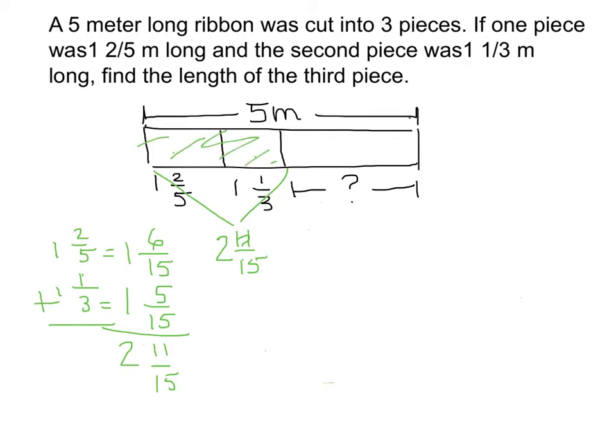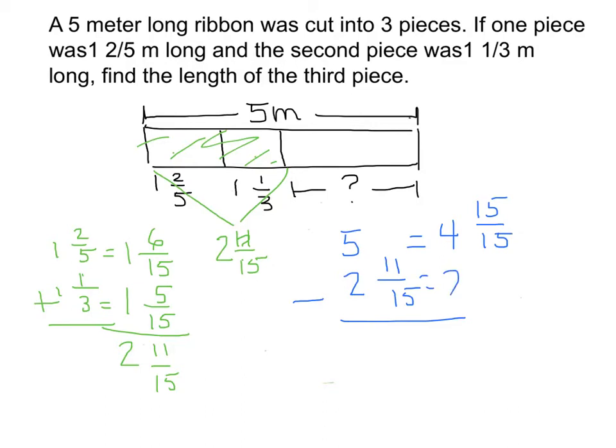So now I've got to figure out, if this part here is 2 11/15, what is this second part? Well, that's just a part-whole problem. So I'm going to take the 5 meters as my whole, and I'm going to subtract this part, which is 2 11/15. 15ths to find the missing part. Don't have any 15ths yet, so I'm going to decompose that 5 into 4 and 15 15ths.